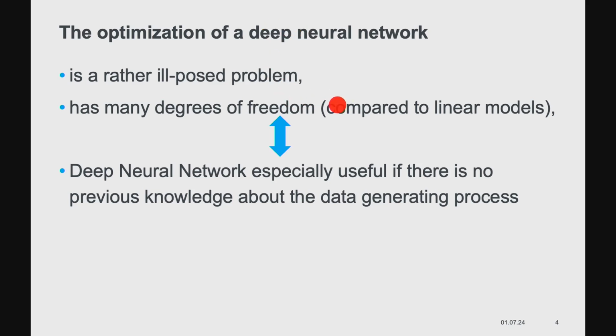We have very many degrees of freedom compared to linear models. I mean, when you look at ChatGPT or the likes, we talk about hundreds of billions of parameters. This is really extreme. Even if you don't go that far, you may easily have millions of parameters.